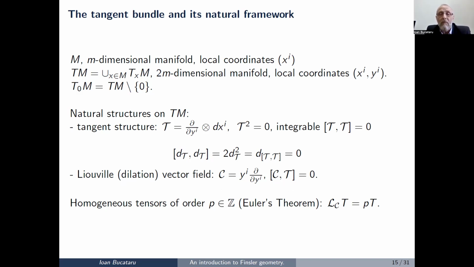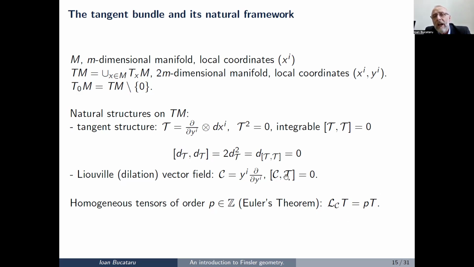So homogeneous objects in Finsler geometry are very important. So we want to characterize homogeneous quantities. We'll use this Euler theorem to characterize that any object, a tensor, is homogeneous of order p, an integer, if it satisfies this property.